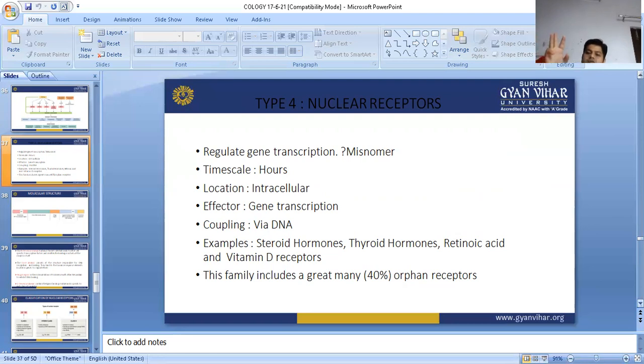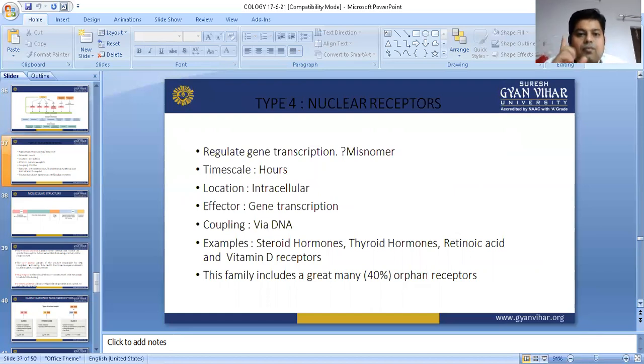The last three receptors which we have discussed are all on the outside of the cell membrane, but these are available intracellularly. Effector is gene transcription, means they modulate the gene and after that produce the response, coupling via the DNA pathway. Examples are steroidal hormone, thyroid hormone, retinoic acid, and vitamin D receptor.